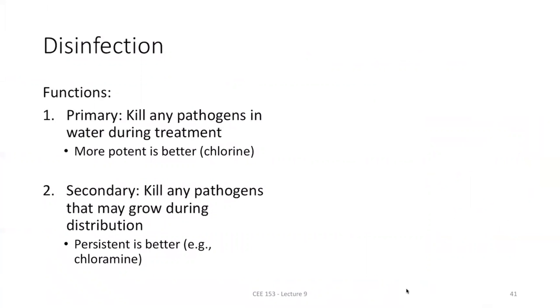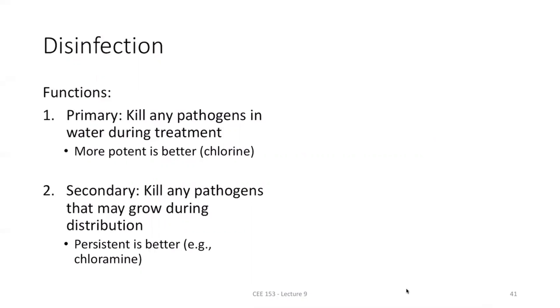So disinfection again is all about killing the pathogens, and there are two types of disinfection process. Number one is killing the pathogens directly during the treatment, where you want to add a very efficient or more potent disinfectant. The second is the distribution system.